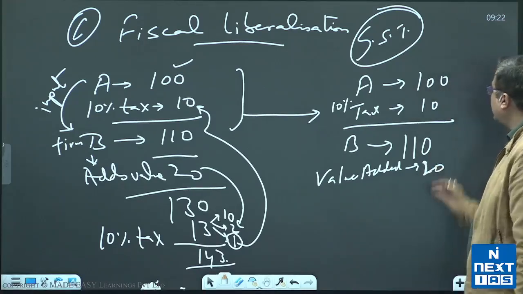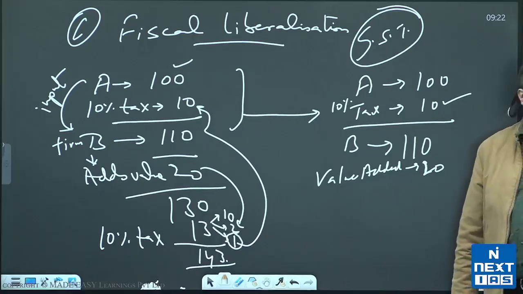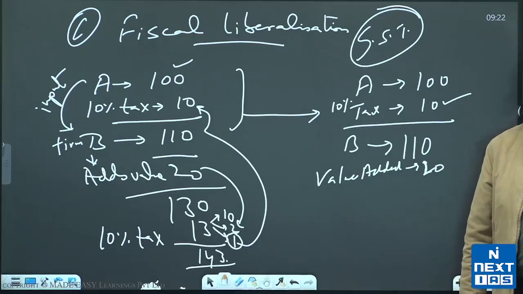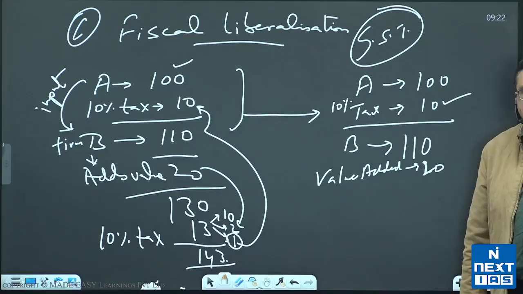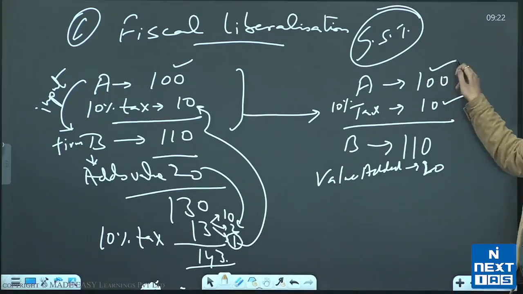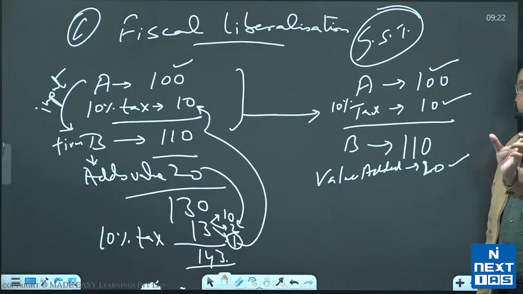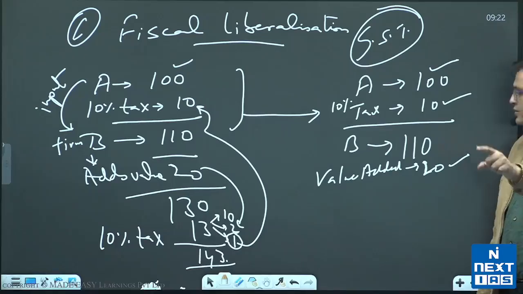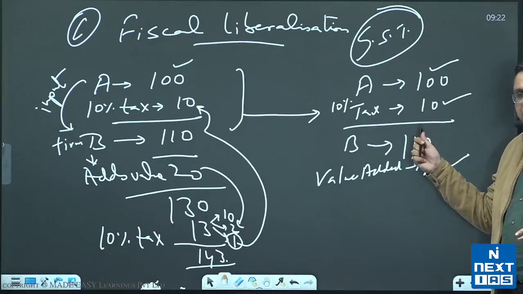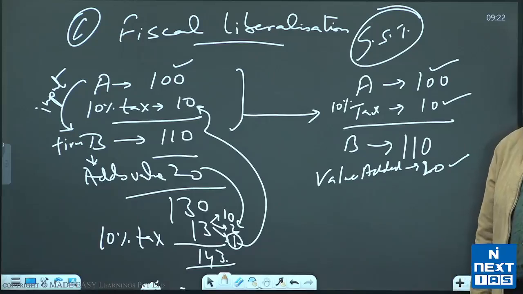Now B is told, this 10 rupees tax that you paid, we will give it back to you, all right, or you will be allowed to deduct it while paying your tax. Now think, B has purchased input worth 100 and added value worth 20. So the commodity value for B will be 120 if B is told that you will get this 10 rupees back. You understand that? So how much tax will B levy now?